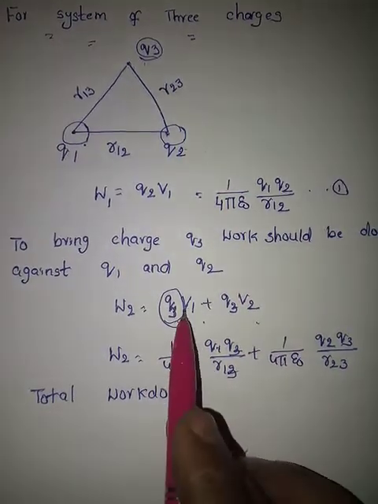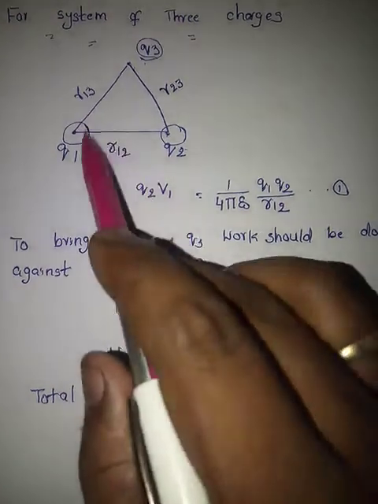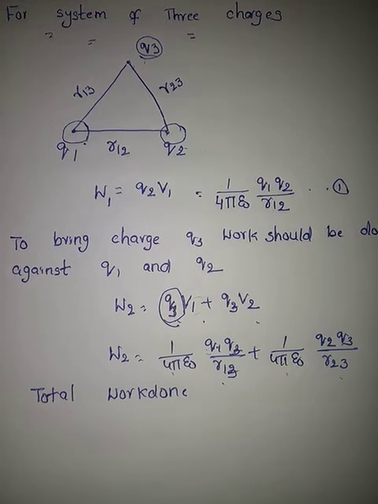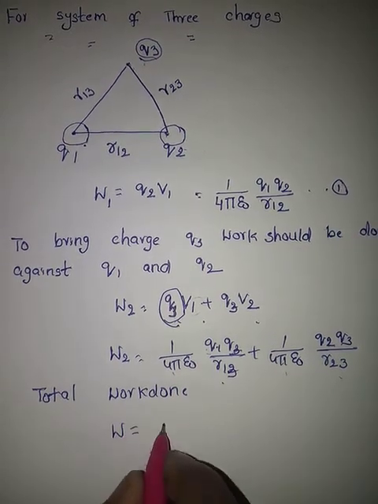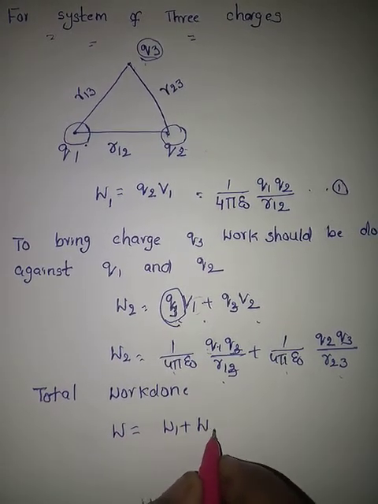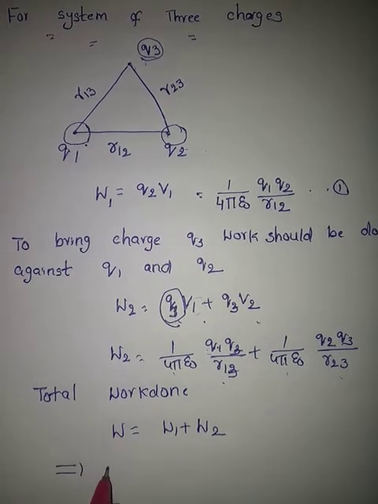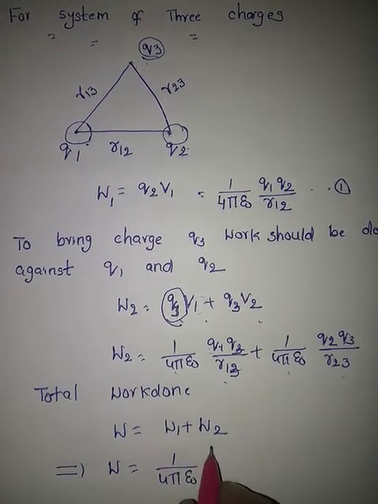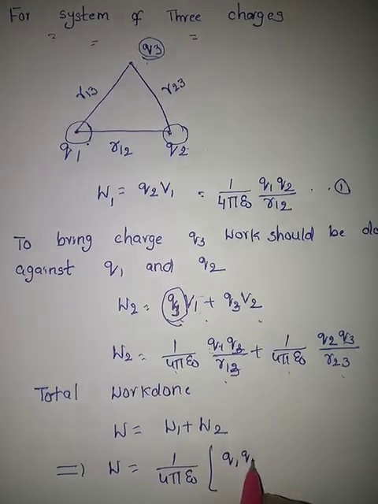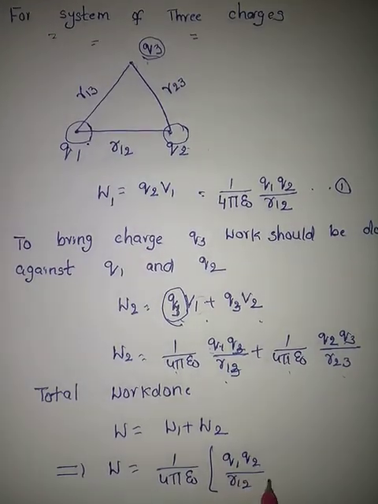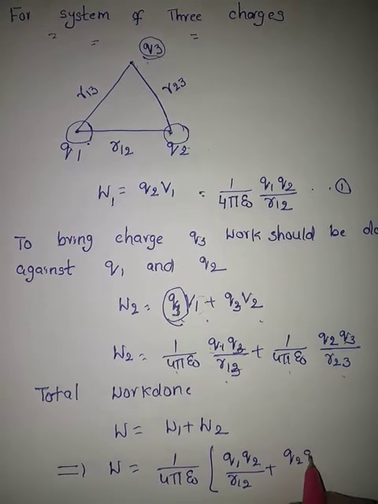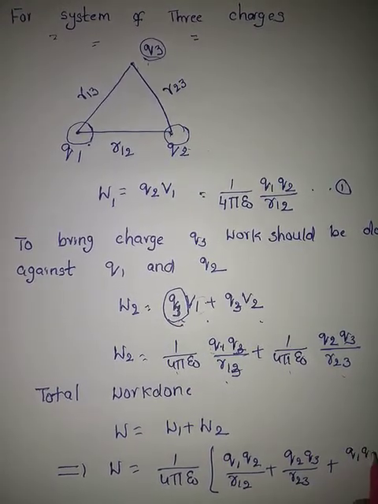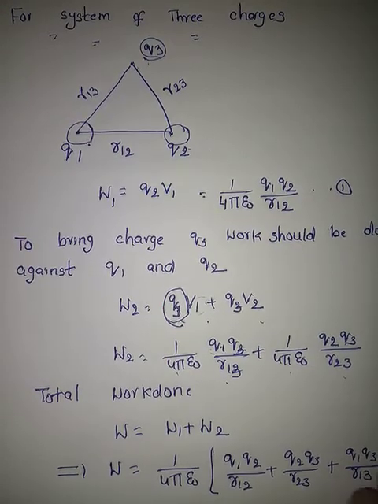So 1 by 4 pi epsilon naught Q1 by R13 into Q3, and 1 by 4 pi epsilon naught Q2 Q3 by R23. Total work done is W1 plus W2. That implies W is equal to 1 by 4 pi epsilon naught, taking common, Q1 Q2 by R12 plus Q2 Q3 by R23 plus Q1 Q3 by R13.